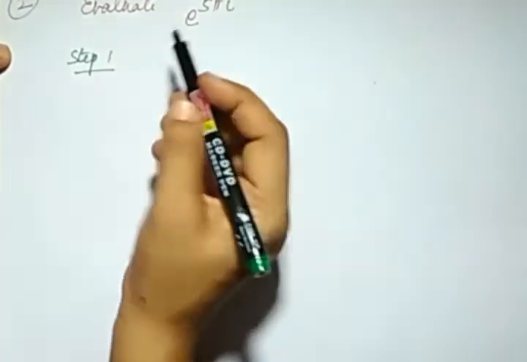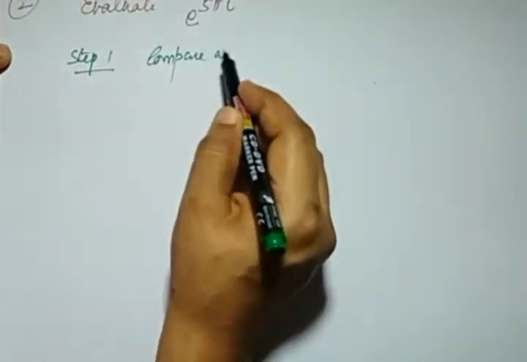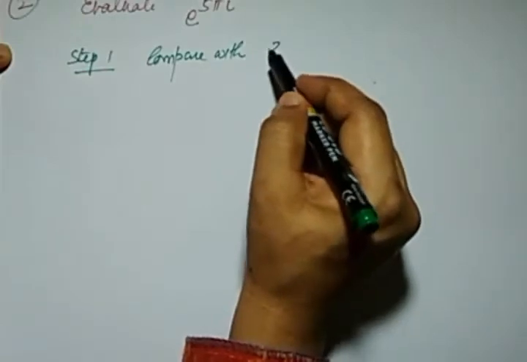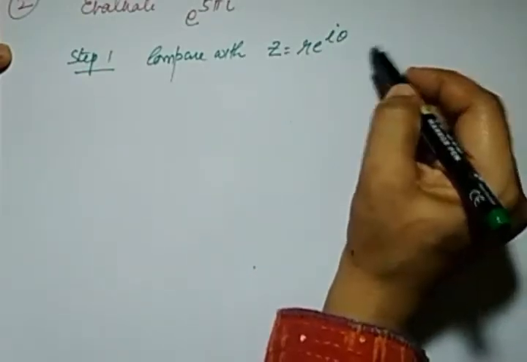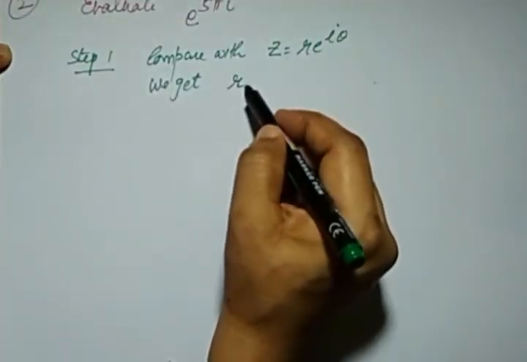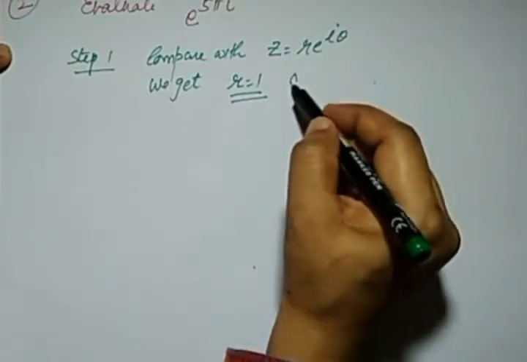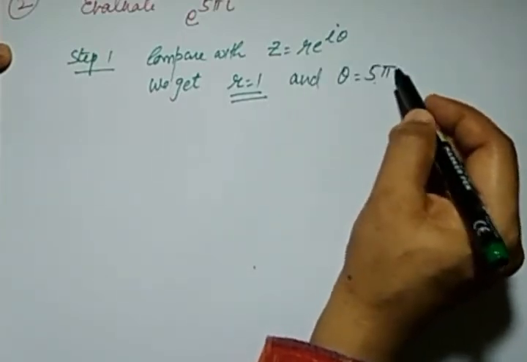Step 1 is compare with z equals r e raised to power I theta. So we get r equals 1 and argument theta equals 5 pi.